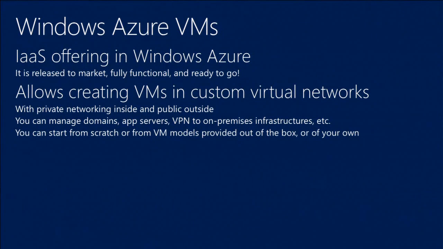And you can connect your virtual networks on Windows Azure with your on-premises networks using a virtual private networking infrastructure. So you can create a VPN between the virtual machines on Azure and your own stuff on premises. So let's say you have something inside your network and something outside, you can join and merge them.